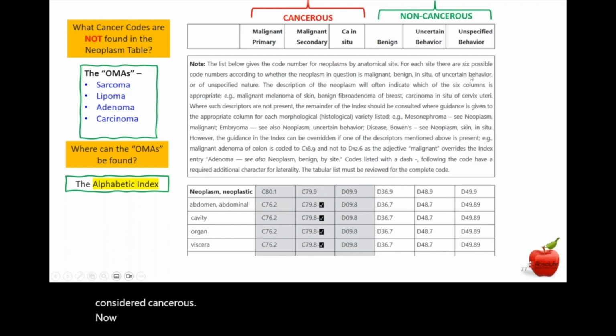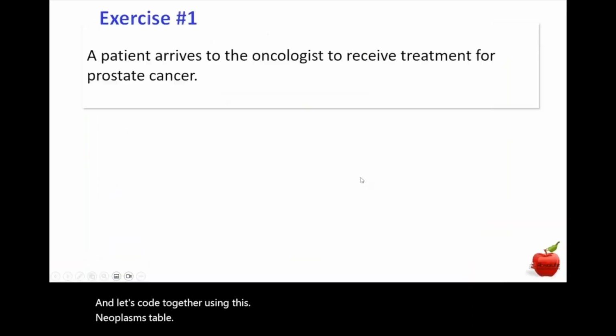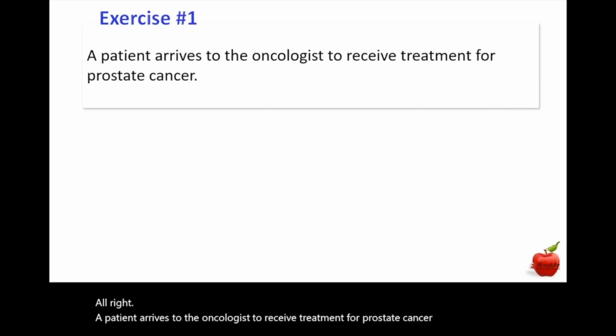Now, let's go ahead and code together using this neoplasms table. A patient arrives to the oncologist to receive treatment for prostate cancer.